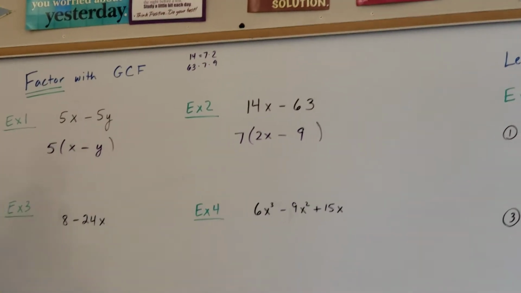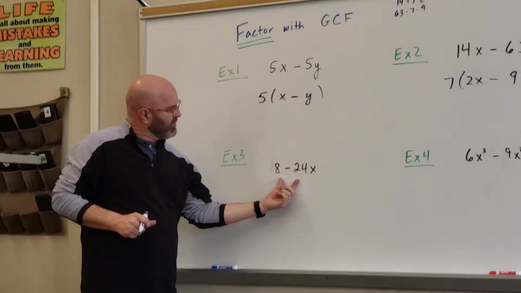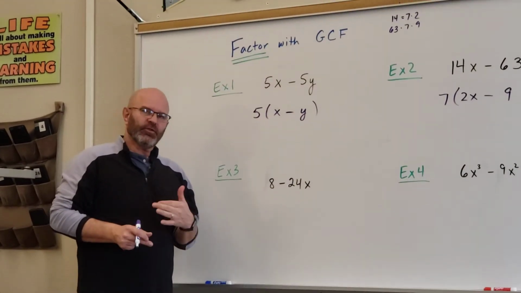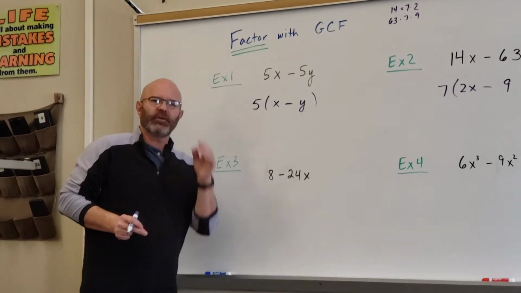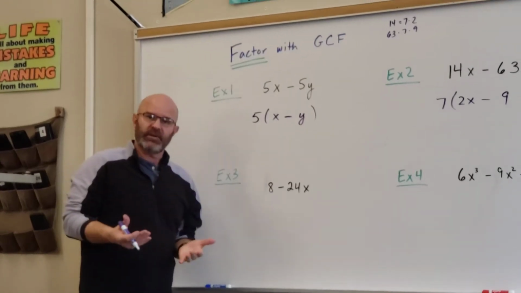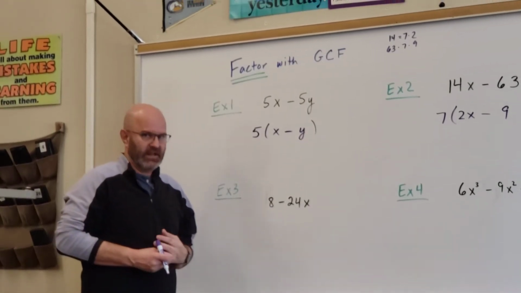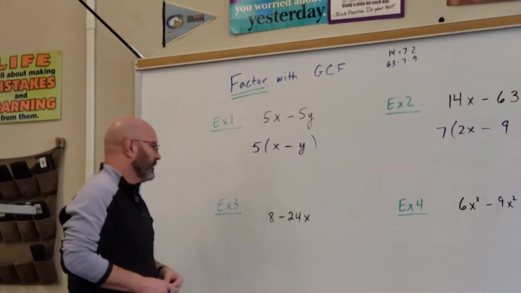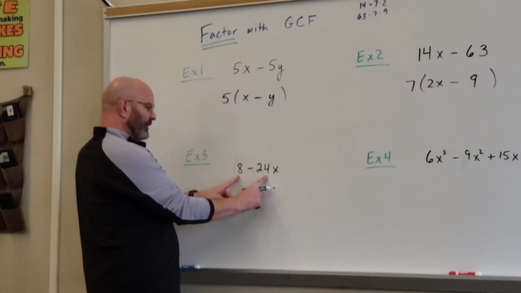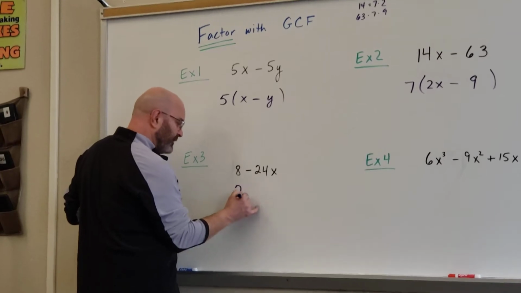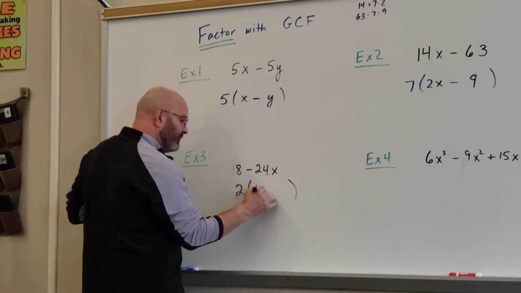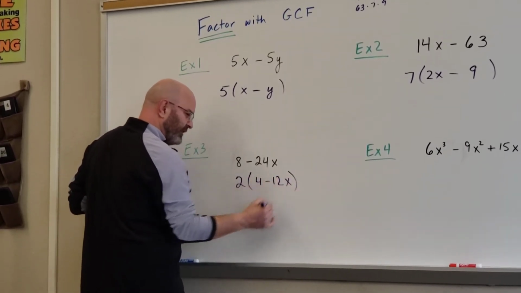Okay, example 3. Example 3 is 8 minus 24x. I want to show you an incorrect result that many students give so that you can learn from it, and maybe it will save you some headache and heartache. A lot of students will see, oh, 2 is a common factor, and they'll pull out a 2. And then they will write 4 minus 12x.